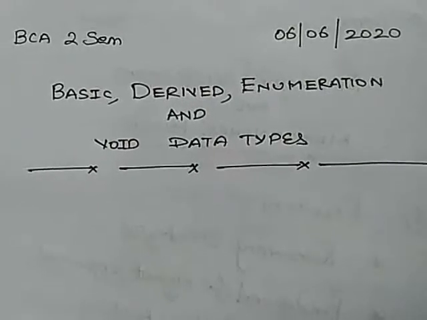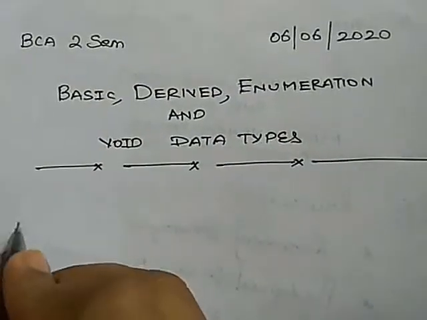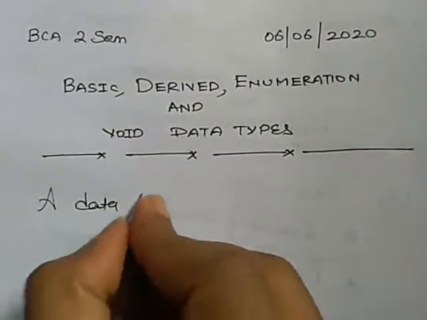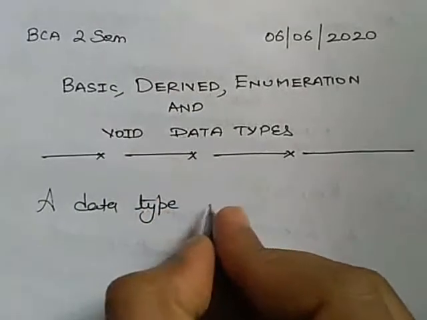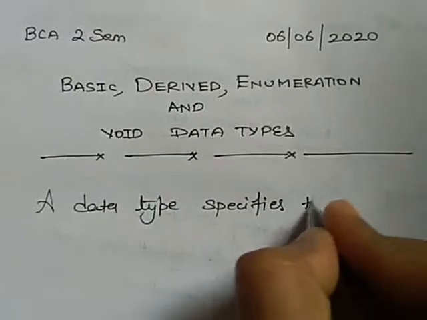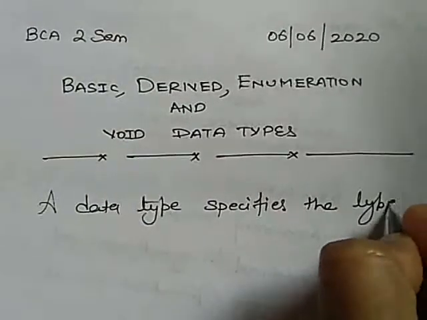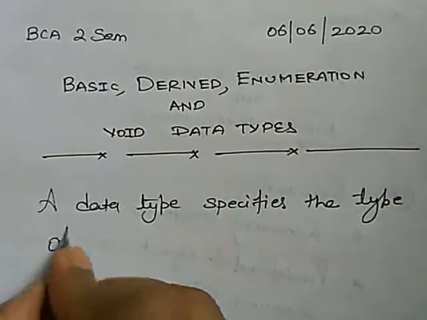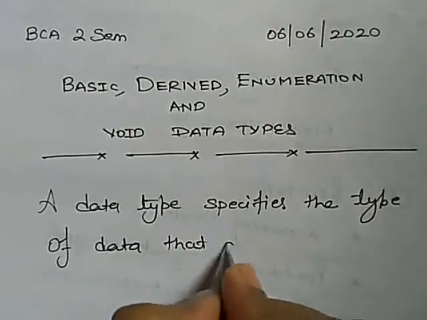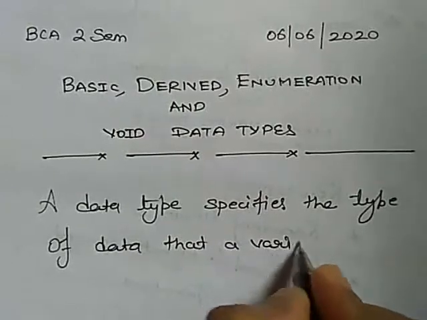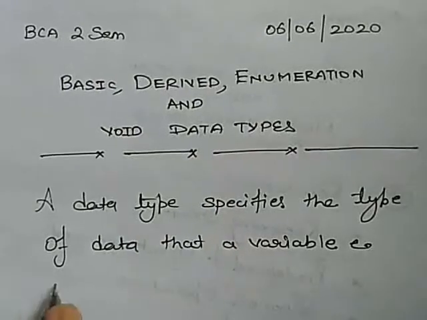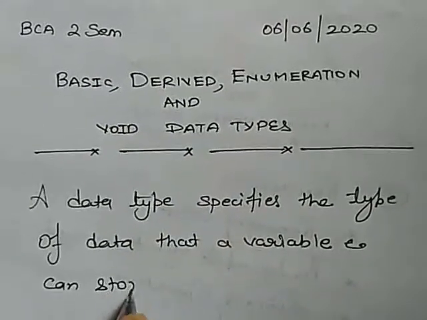Now, as we know that a data type specifies the type of data that a variable can store.